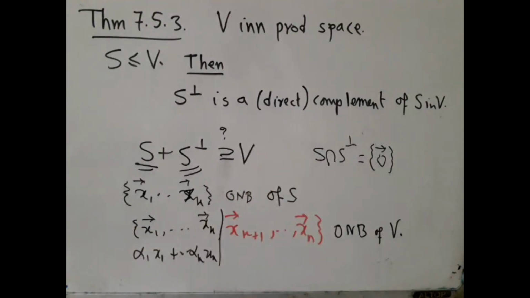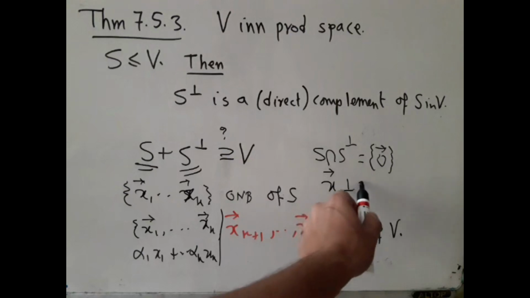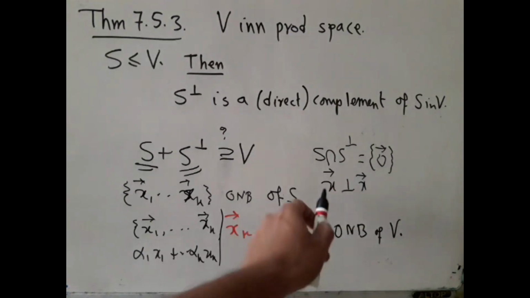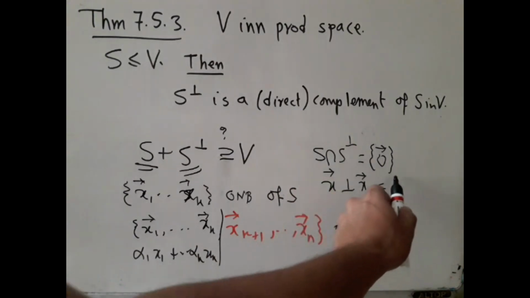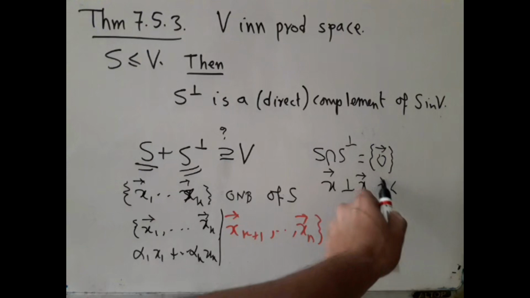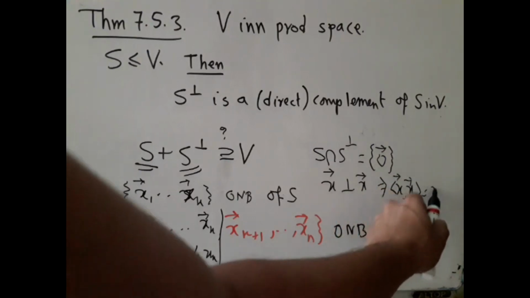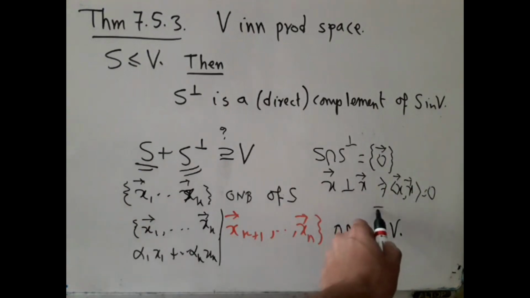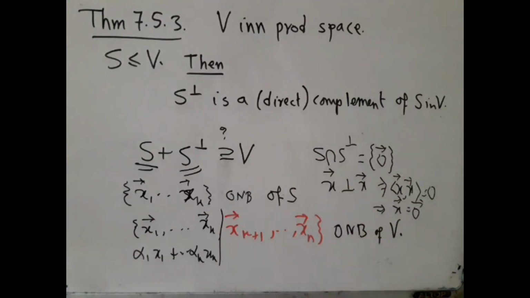Now what is S perp? S perp consists of all those vectors which are perpendicular to every vector in S. So if X is in this set, X has got to be perpendicular to itself because it is in S perp and it is also in S. So it must be perpendicular to itself, which forces X inner product with itself to be equal to 0, and that is possible if and only if X is itself the 0 vector, because that is one of the conditions of inner product.